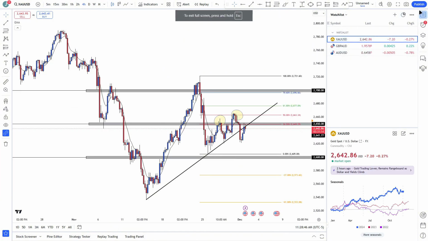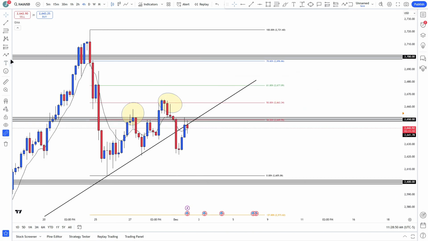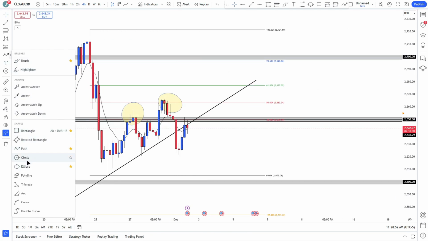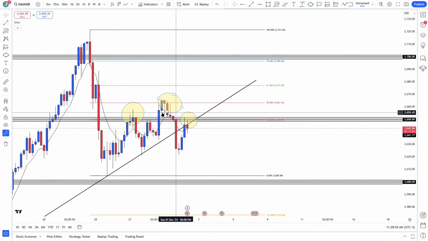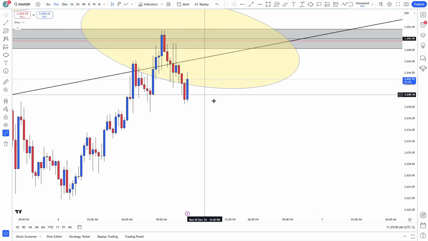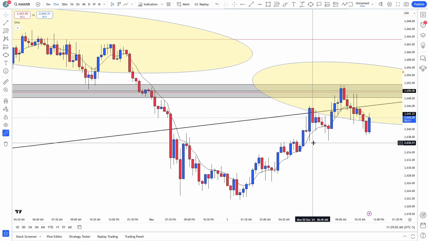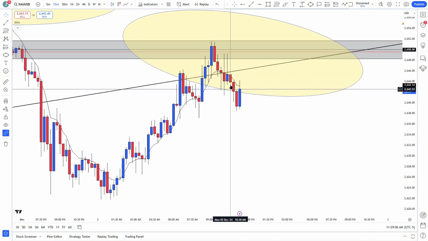Starting off with gold. Gold is doing what we did say. It is creating this shoulder. You can see here head, shoulder. Shoulder, head, shoulder. Realistically, it probably could have been entered. Once we see price get here, we're looking for a breakthrough of the moving average.